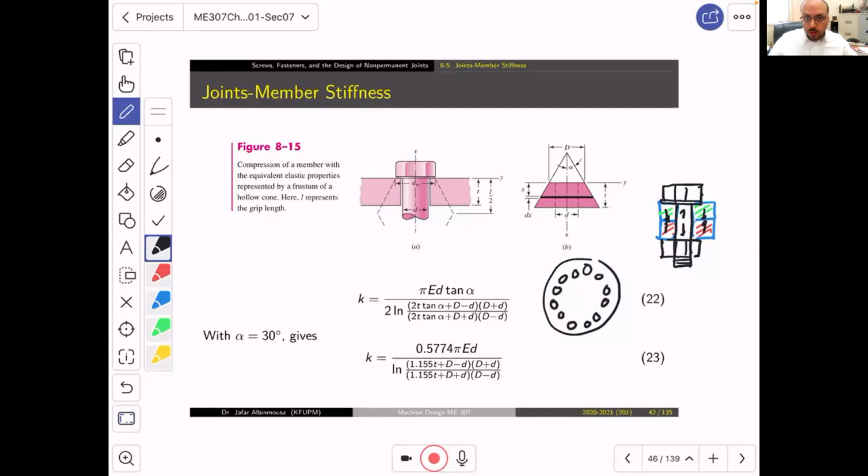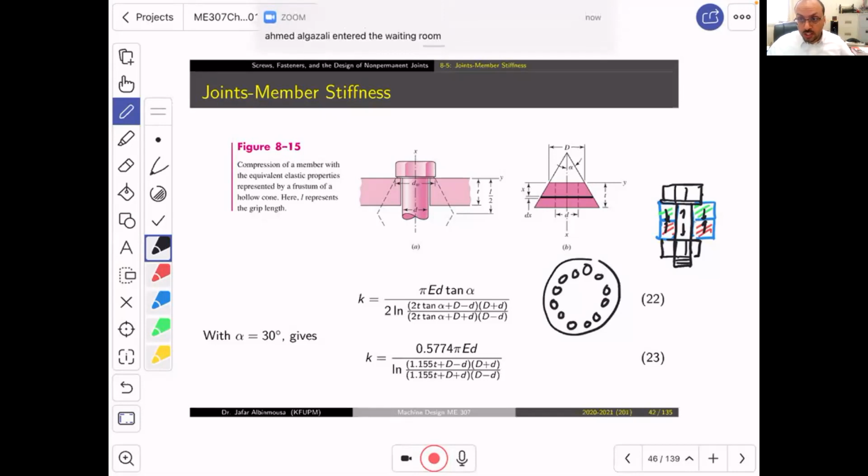Why? Why not 4? Why, like the car, do we have 5? Some of you will tell me it's because the load is too much, and when we put too many bolts, we distribute the load over the number of bolts, which is accurate. There's no doubt about it. But there is another story.